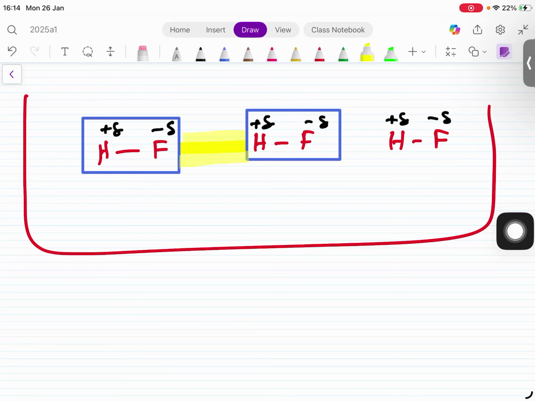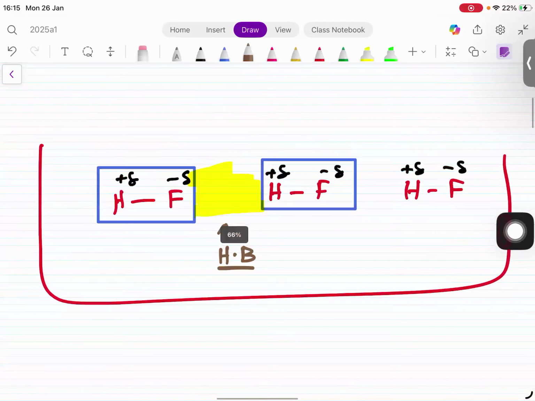What should be the force here? Isn't it the negative end of one permanent dipole attracting the positive end of the other dipole? It shouldn't be PD. Yes, it should be, but it is not. This force of attraction is a hydrogen bond.